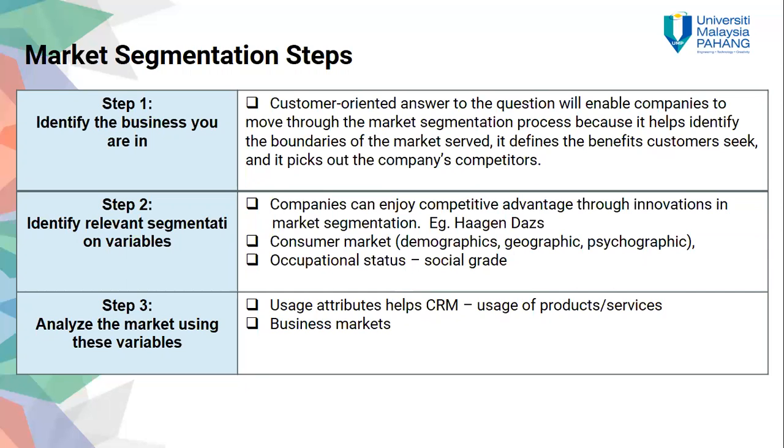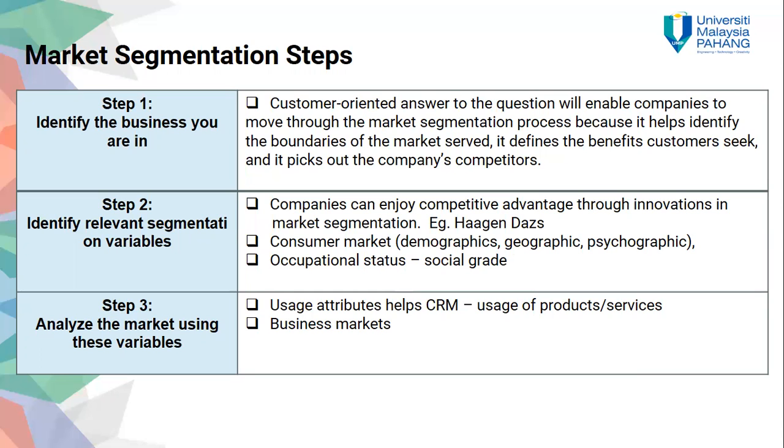It has to be better than your competitors'. From there, you can look at the number of customers that you have, and how you can segmentize their needs and their nature of business according to the needs coming from the customers. And then identify relevant segmentation variables.